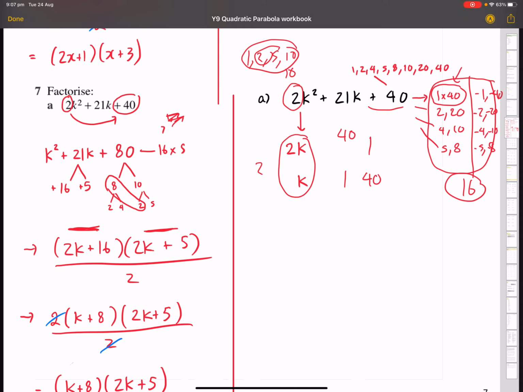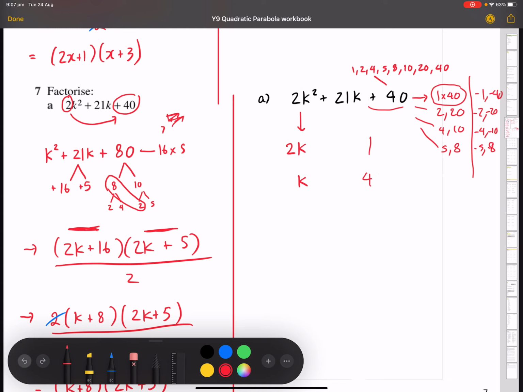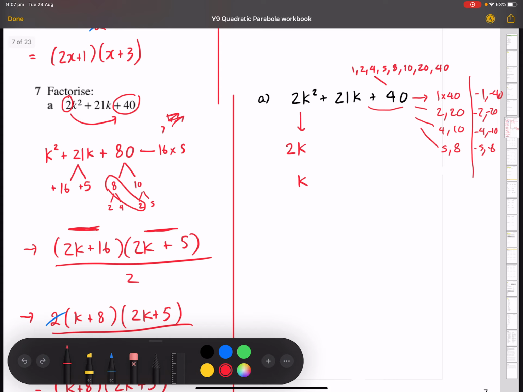But anyway, let's try this anyway and see what we get. Just undo all this. Okay, so what we're going to do is try these ones.